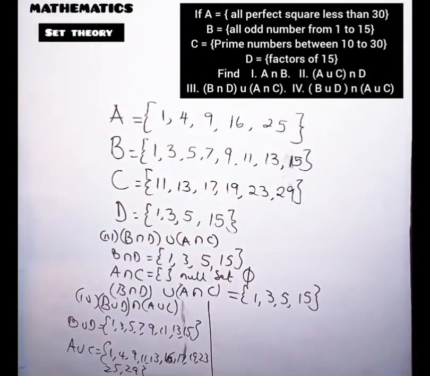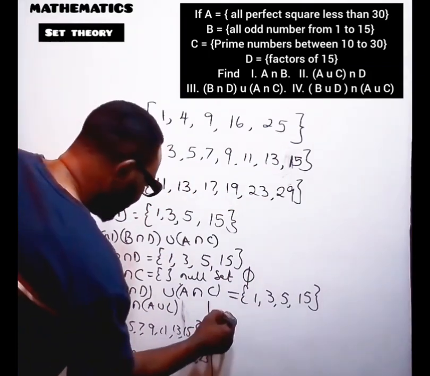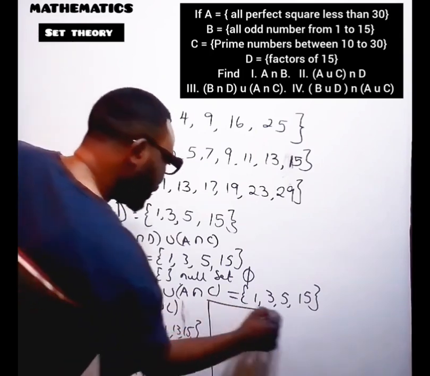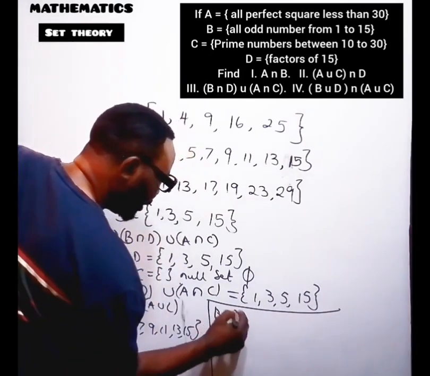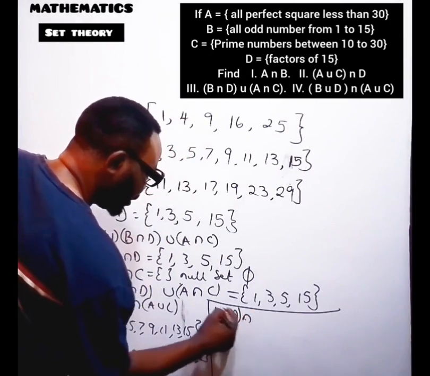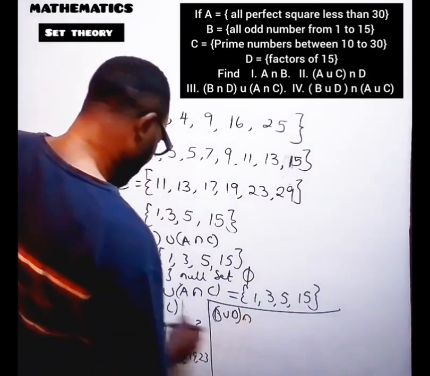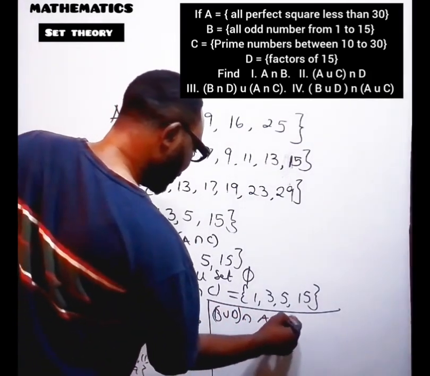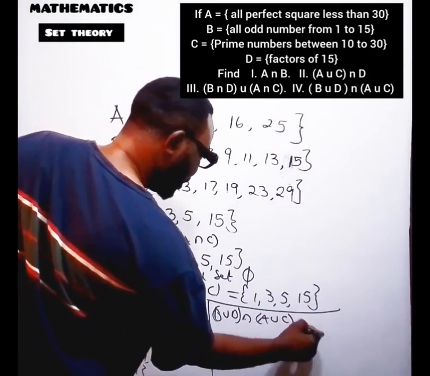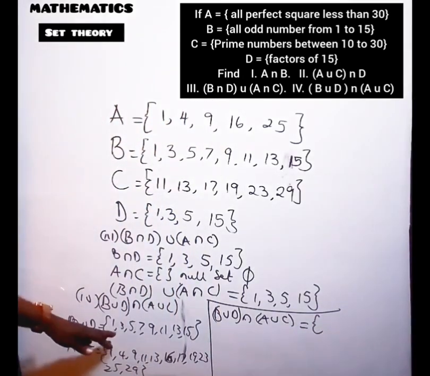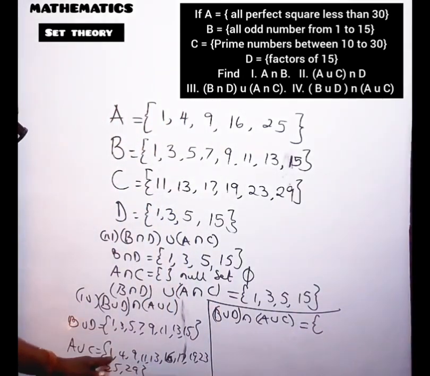Now, the intersection of the two of them, according to question number 4, which is B union D intersection A union C. Now let's have the intersection values here. We have 1 is here, 1 is here.